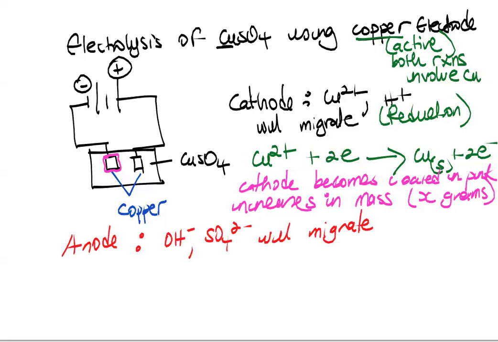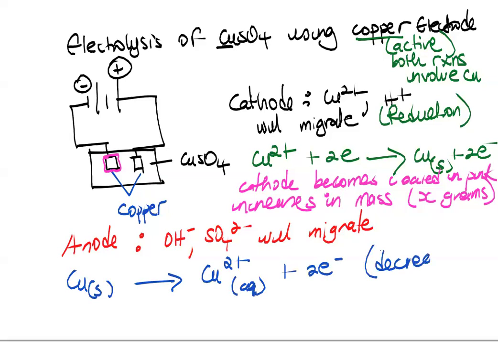So, Cu, the anode itself, is going to be oxidizing to form Cu2 plus aqueous plus 2e. So it decreases in mass by X grams, must be the same amount.